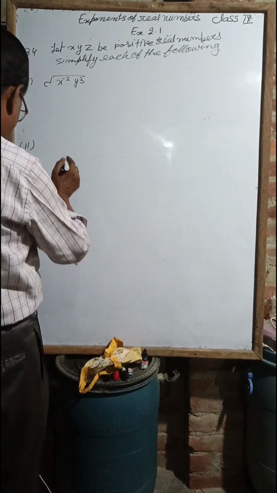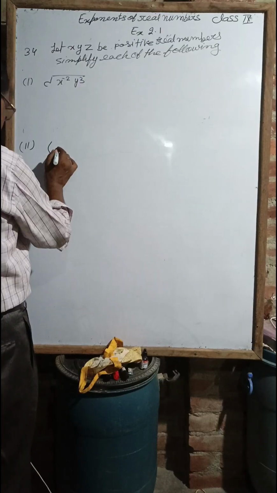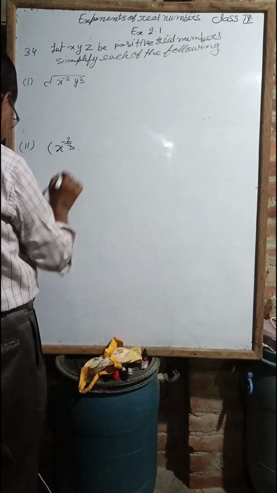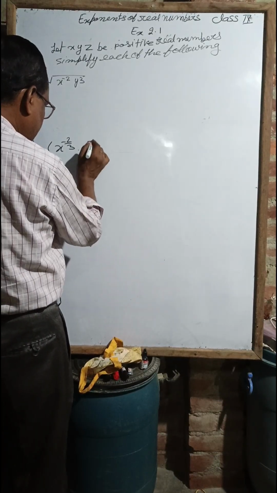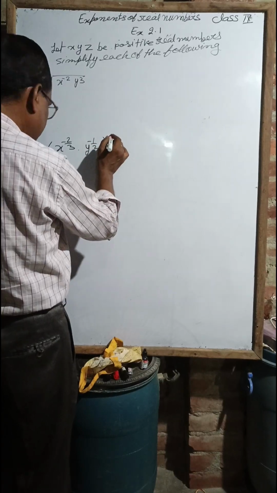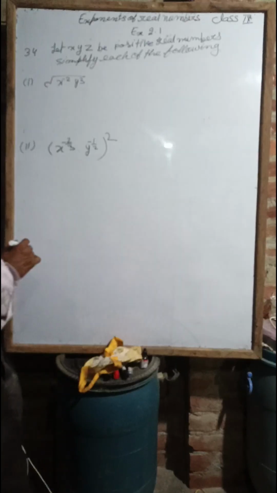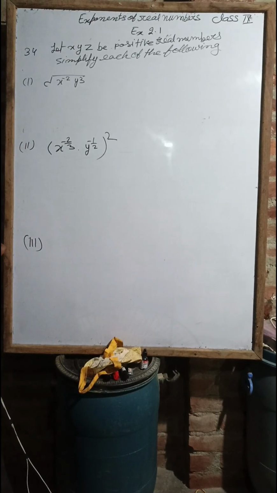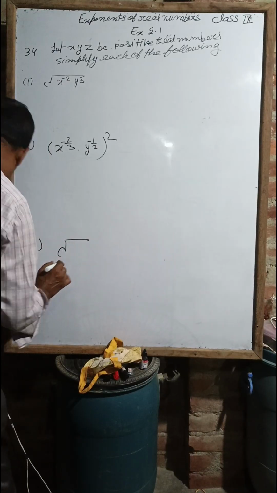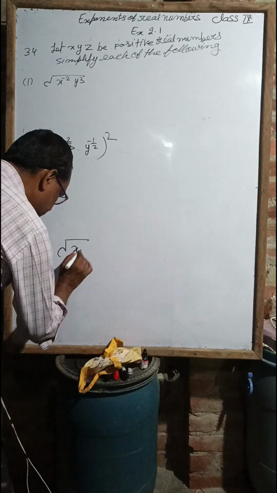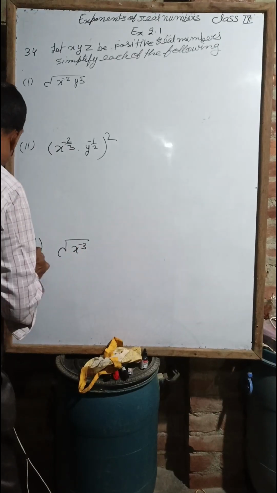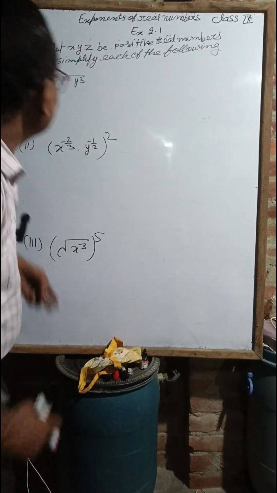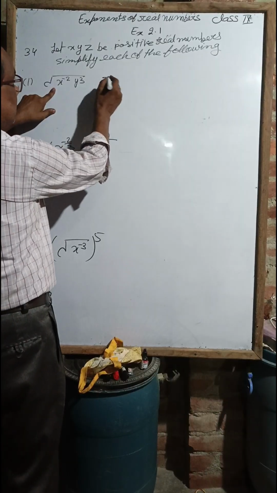First part, square root of x raised to the power minus 2 y cube. Second part, x raised to the power minus 2 over 3 times y raised to the power minus 1 over 2, whole to the power 2.